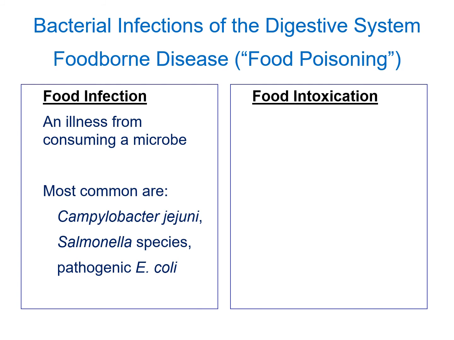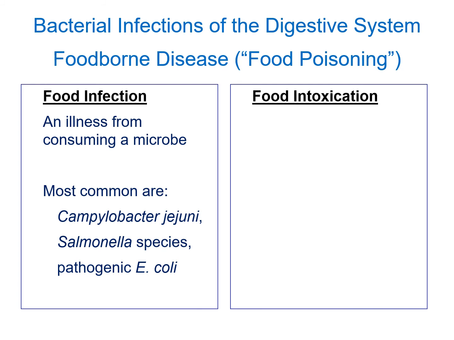So a food infection is an illness you get from consuming an active microbe. The microbe is active in your intestines and it's damaging the lining of the intestines or disrupting the functioning of the digestive system. So again, salmonella, bacteria species, it's the active living bacteria that causes the problem. Technically, this would be an infection and not a case of poisoning.